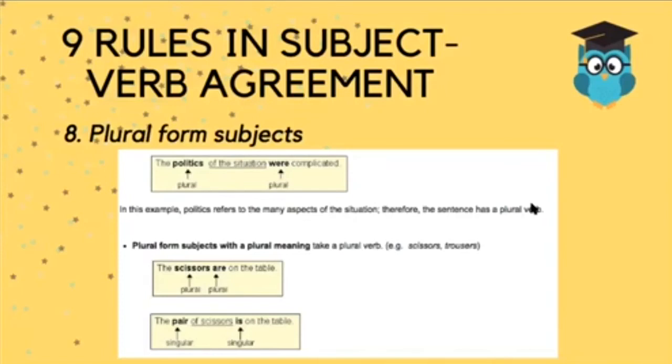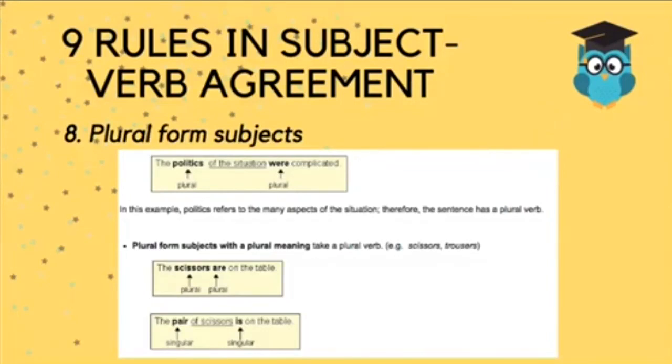Scissors does not affect the number of the verb. So we have pair, that's why it's singular as well. It's not just about scissors, but a pair of scissors. There's only one pair. But if you use scissors itself, it should be plural, so you have to use a plural verb as well.